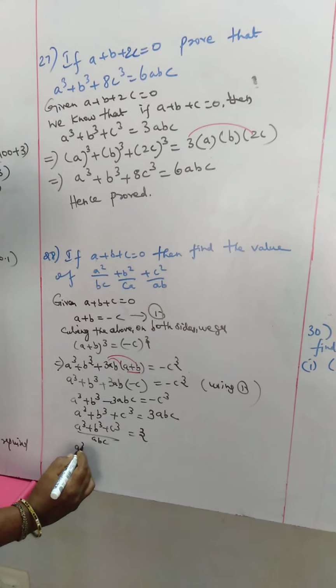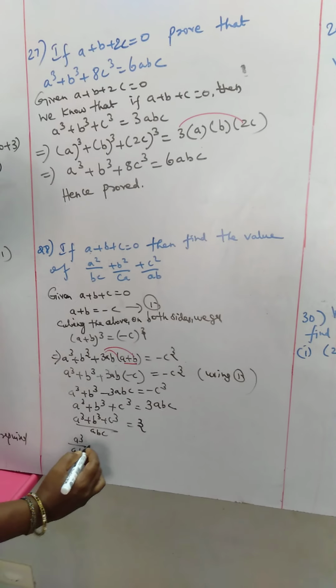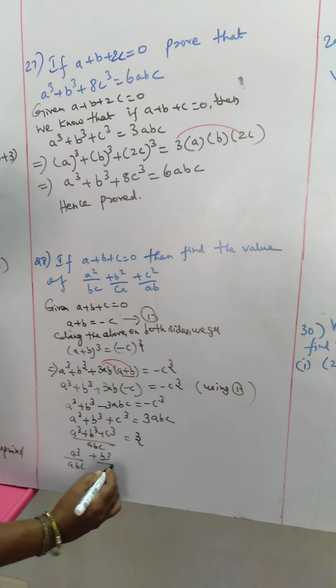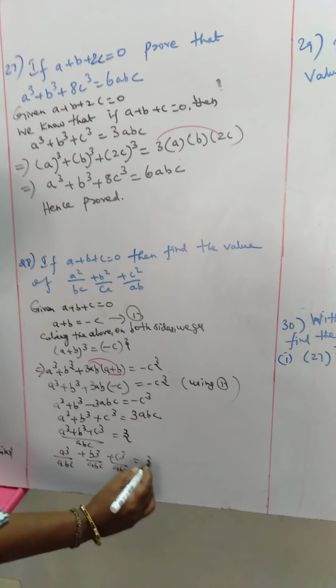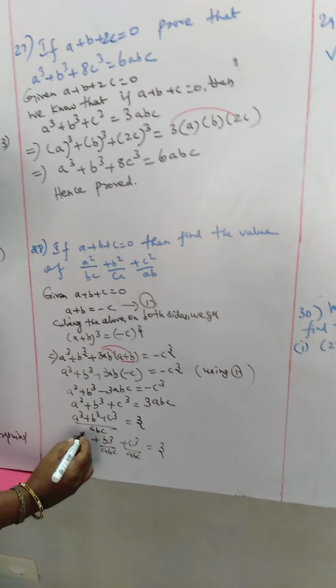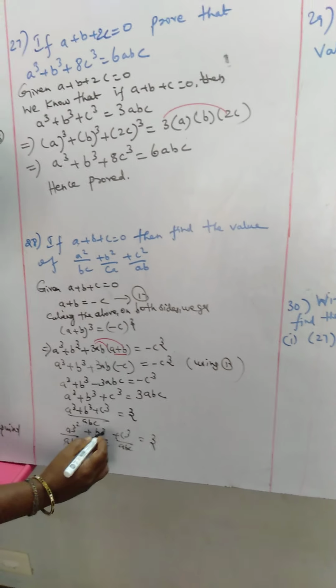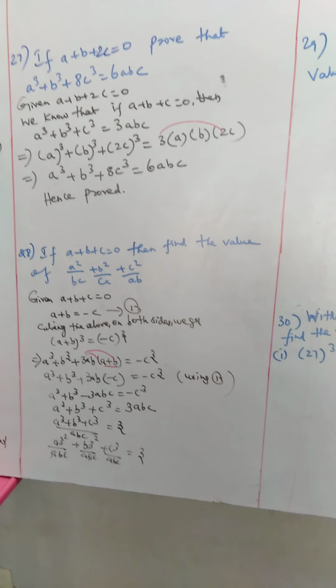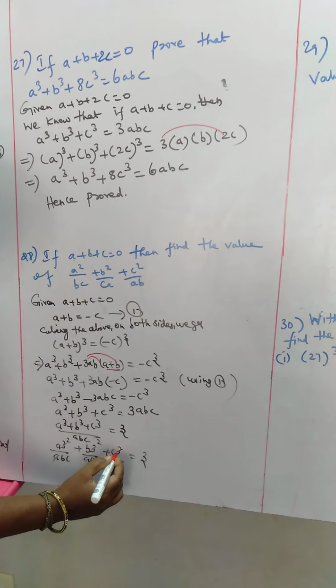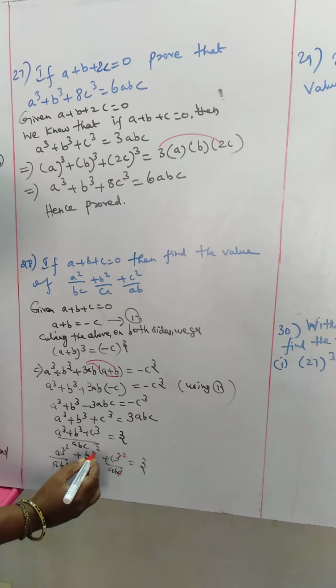Okay, you can separate this one for each one. A cube by abc plus b cube by abc plus c cube by abc equals 3. So here 1a will get cancelled, here 1b will get cancelled. Then here 1c will get cancelled, right?